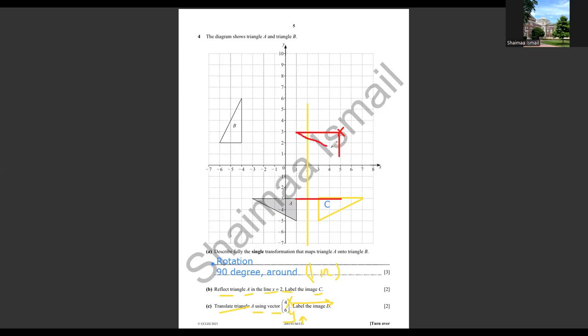Everything with your ruler. And we did it. So we have the points 5, 1, and 5, 3, and 1, 3. Those are the plotted points. You don't have to write them, but you have to check them.